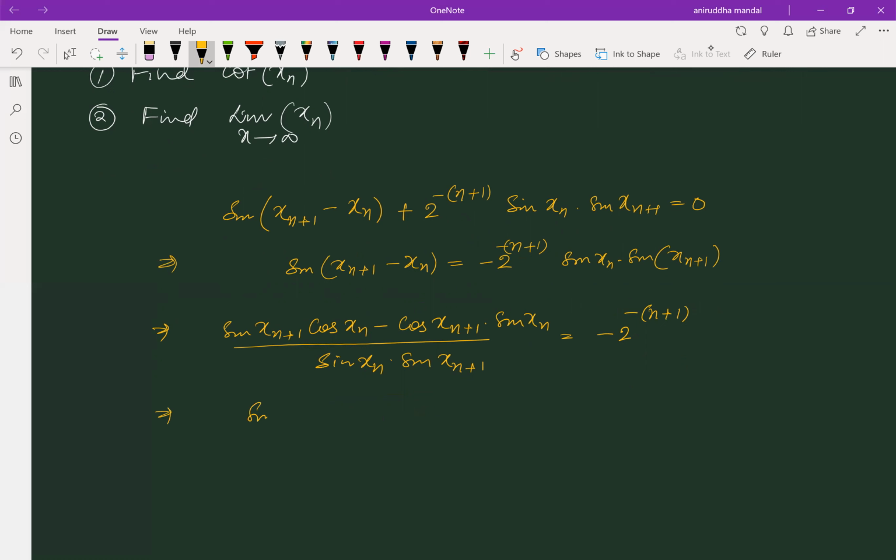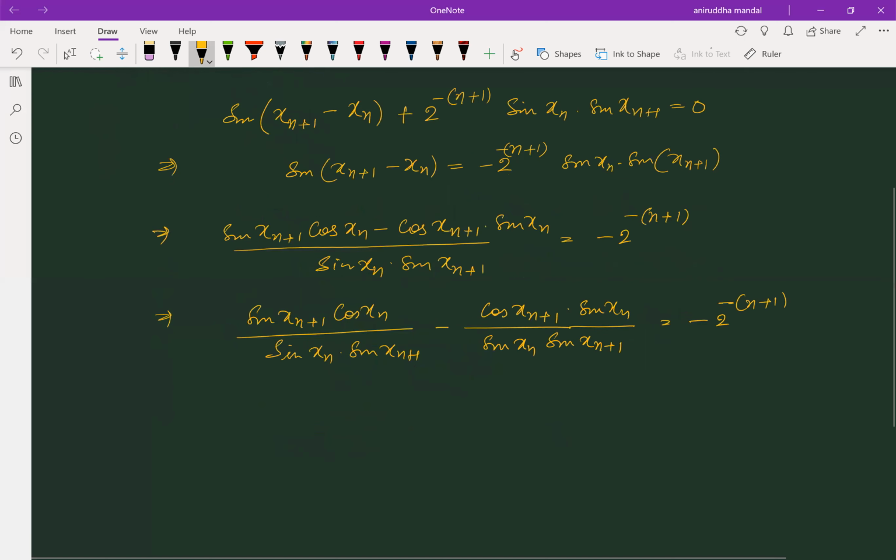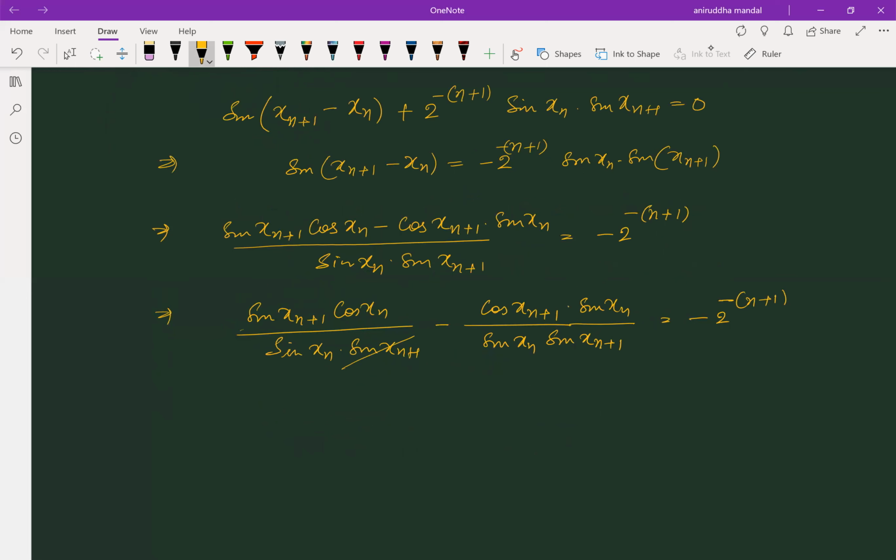The sine x_{n+1} terms get cancelled, and the sine x_n terms get cancelled.